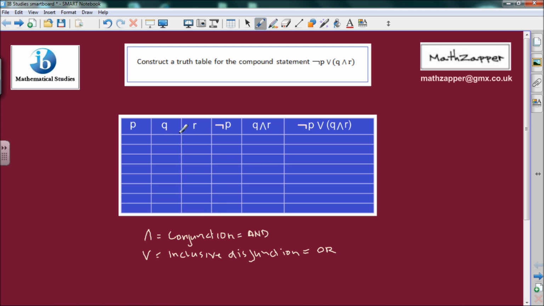Now the first three columns are quite easy to fill out. You can only have true or false. You'll see that there are 8 rows, which I've made because I know that's how many you need. In each column there are going to be 4 trues and 4 falses, but written in a different way.